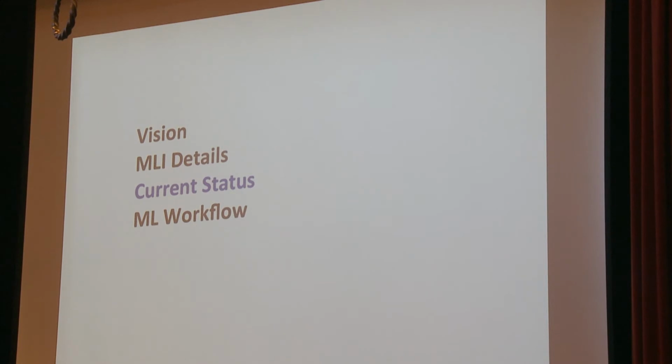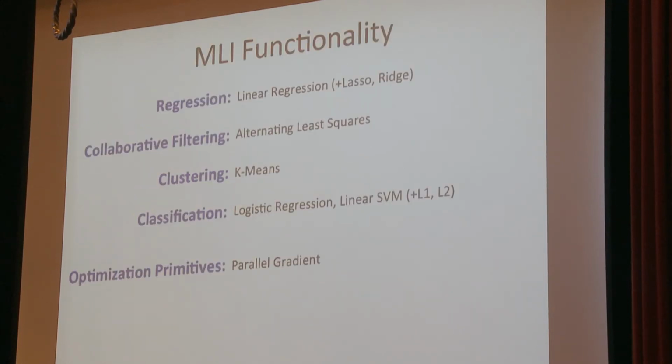So now I want to switch gears a little bit and talk about our current status. Right now in MLlib, this is the core machine learning algorithm library within Spark, we have the following features: linear regression, lasso and ridge, ALS, SVMs, k-means, a representative family of some of the most widely used algorithms that are out there. And we have a parallel gradient optimization primitive.